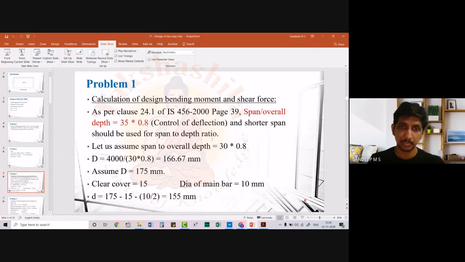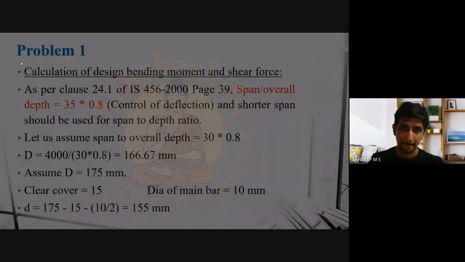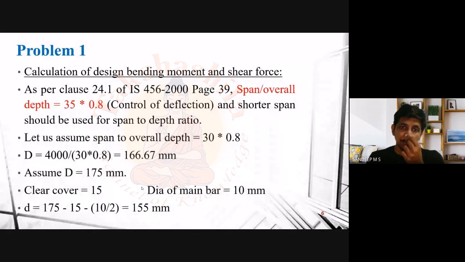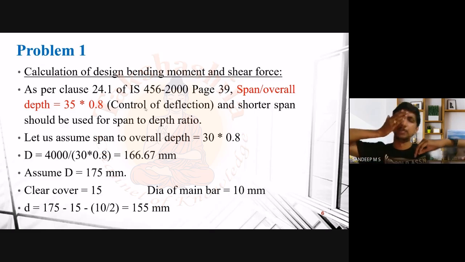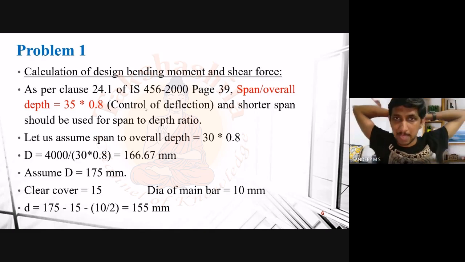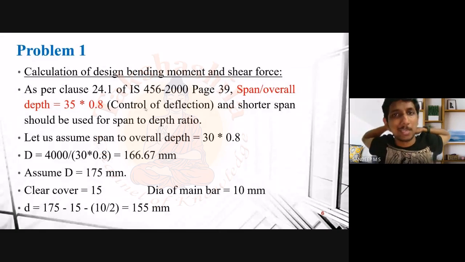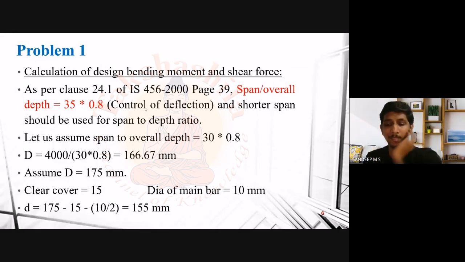Now we will go back to our question. Okay, so these were the things. So let me ask you, can we use this condition now? We are right now dealing with simply supported slabs. So can I take the span to depth ratio 35 in our problem?